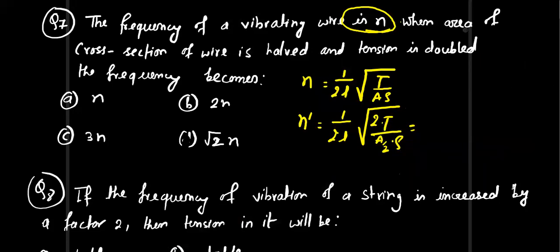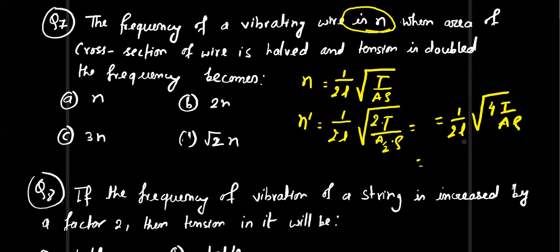The cross section of the wire is half, so I have written A by 2, and tension is double. That's why this is 2 times T. So here I am going to write it as 1 by 2L, and this will be 4T by A rho.